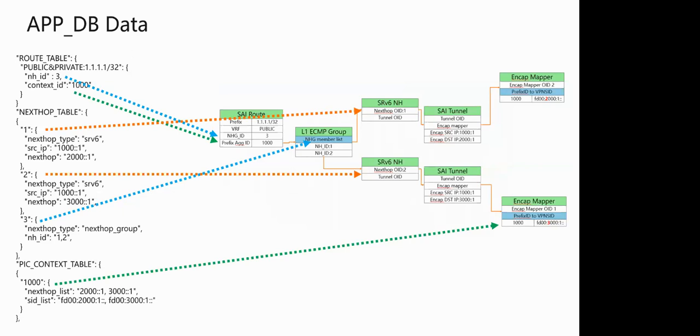The number 3 in the next hop table corresponds to an L1 ECMP group. This ECMP group points to 2 NHIDs, and each NHID corresponds to an SRv6 type of next hop. Additionally, based on the context ID information in the route, we can find the tunnel's encap mapper, which is used to determine the SRH encapsulation when sending packets through each SRv6 tunnel.